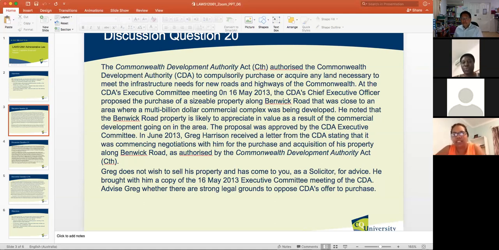This seems more like a constitutional law question. Is it? Okay, go ahead. Well, when the Commonwealth is going to compulsorily purchase or acquire any land, that comes under the just terms section. Is it like section 122 or something?